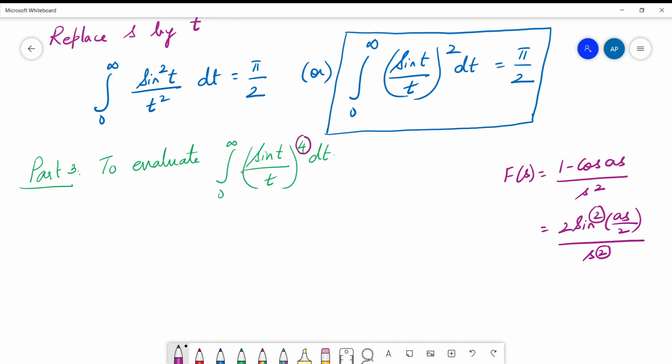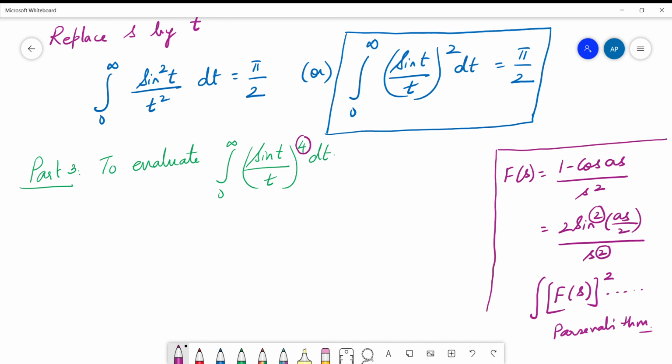So that means we are trying to have an integrand which is the square of f of s with some more terms, if at all there. So in that case, what did I ask you to think of? It's nothing but Parseval's theorem. Yes, indeed. So we have to find this value by using Parseval's theorem. Let me start off by writing down Parseval's theorem.